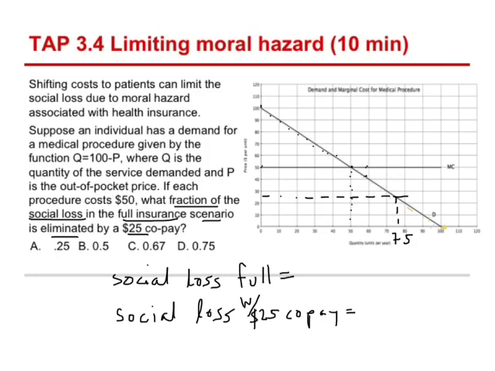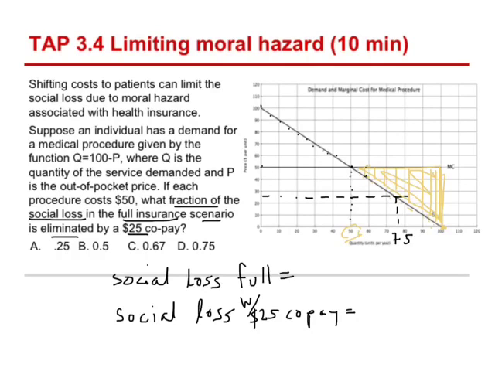The problem with this outcome is that the cost per procedure is 50, and the value of every procedure after 50 is less than the cost. Every extra procedure past 50 costs more than it provides value. So those resources would be better spent elsewhere in the economy. If we add up all that social loss due to first dollar coverage and moral hazard, we get this area here.